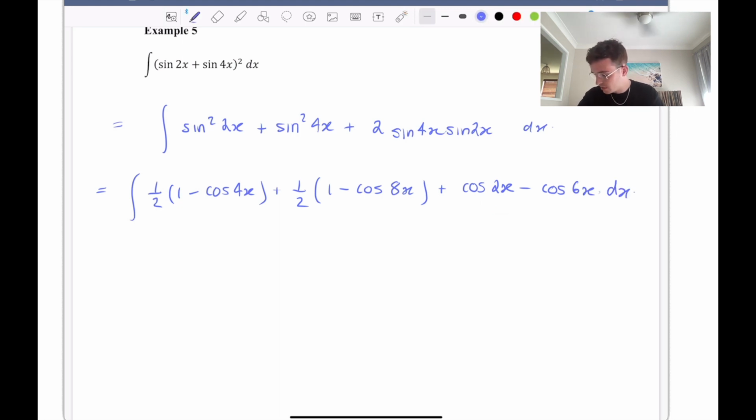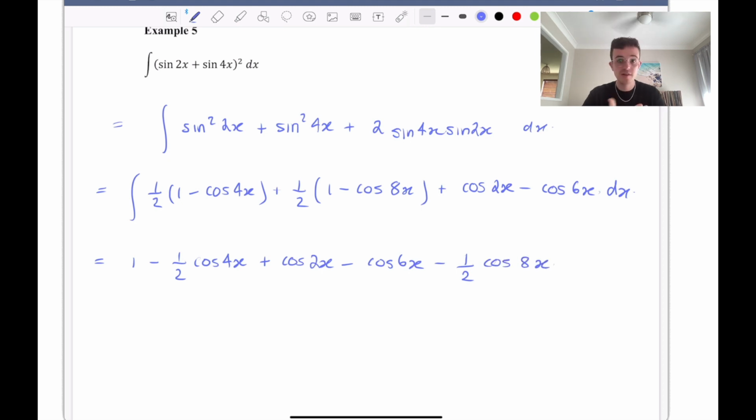And now this is very easy to integrate. If we have a go at expanding and simplifying that, you're just going to get 1 minus a half cos of 4x plus cos of 2x minus cos of 6x minus a half cos of 8x. So I've just rewritten that in a different form by expanding and simplifying.